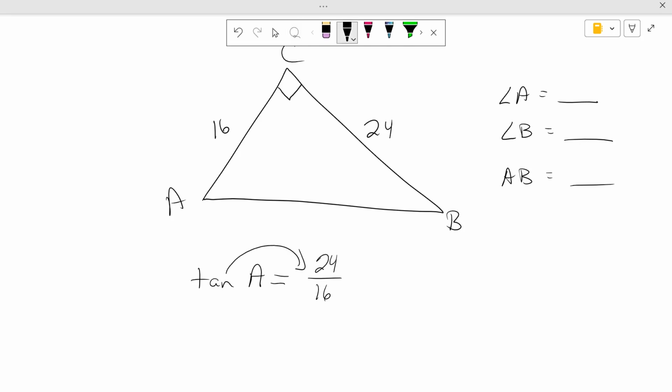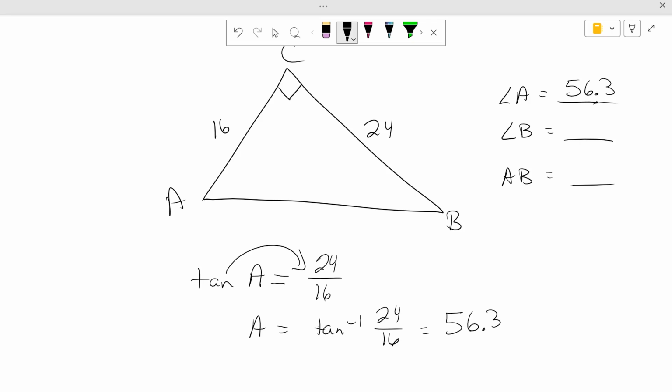So then, move tangent to the other side. A equals the inverse tangent of 24 over 16. What does that work out to be? 56.3. So now that I have 56.3 there, I can figure out angle B just by using subtraction.